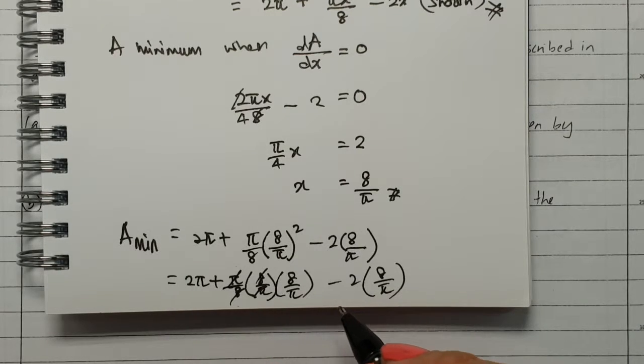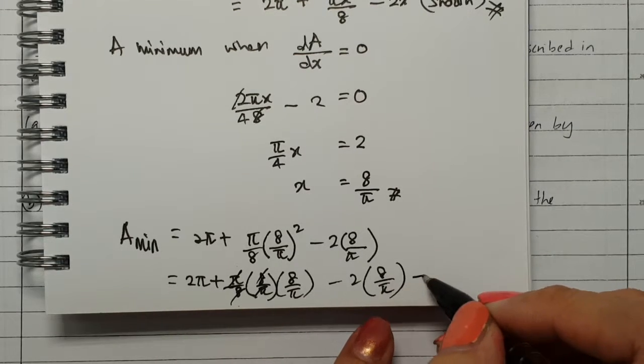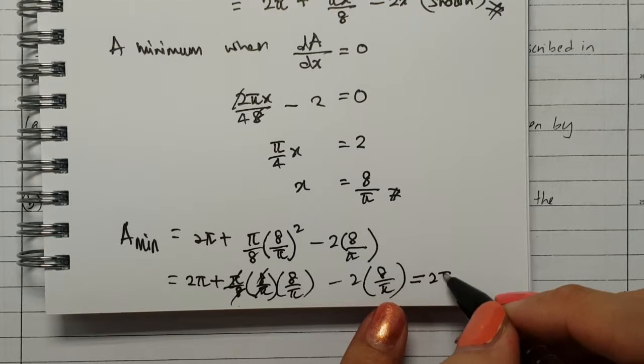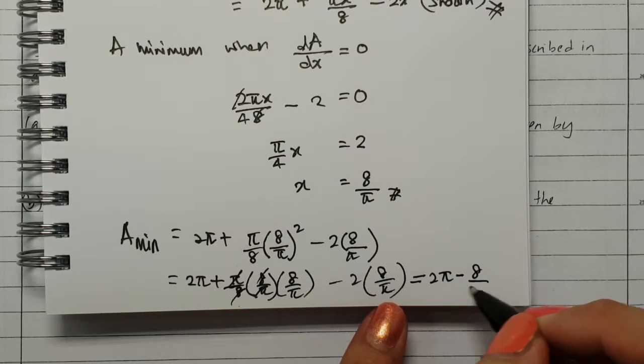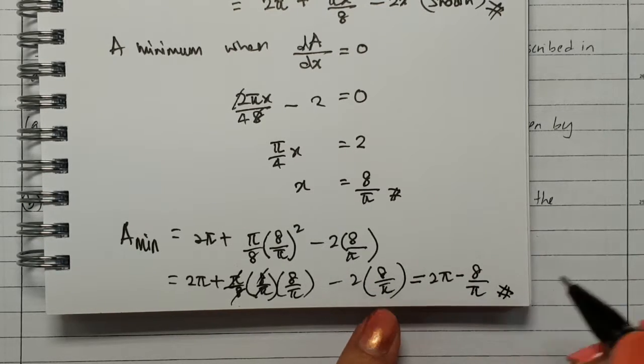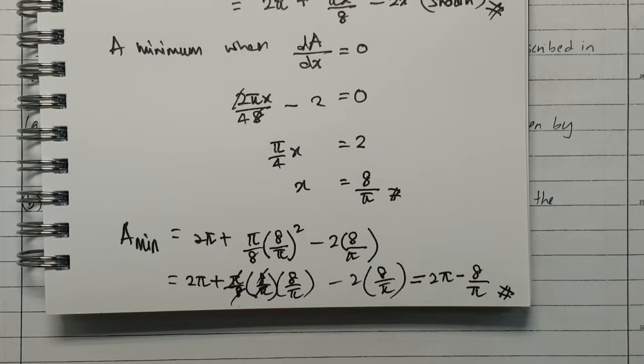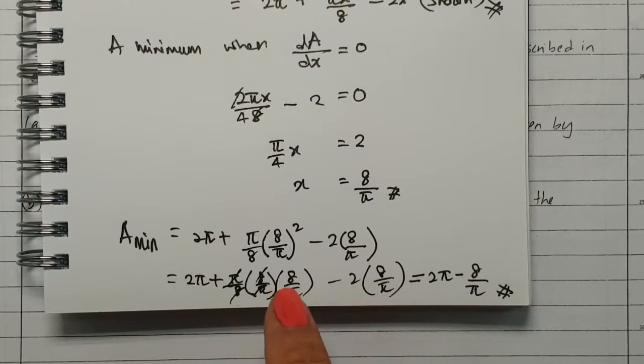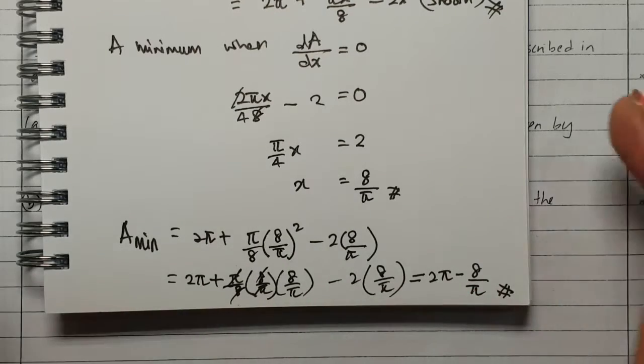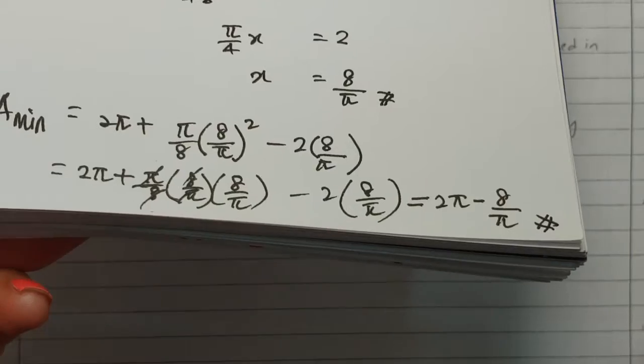So 1 times 8 over pi minus 2 times 8 over pi, we will have 2 pi minus 8 over pi as our answer. So this is the minimum area for the shaded region. Double check, one variable minus 2 variable, we have negative the variable. Yeah, correct. So this is our final answer for part B, A minimum. That's it.